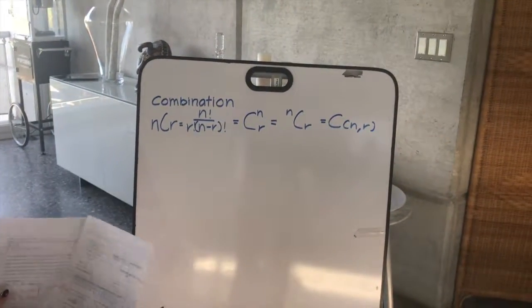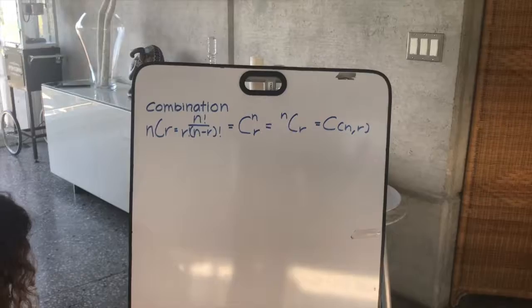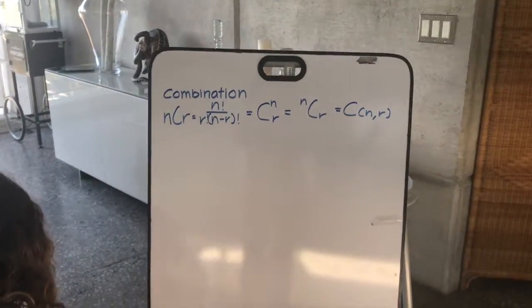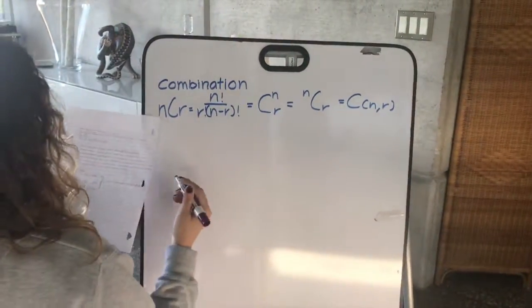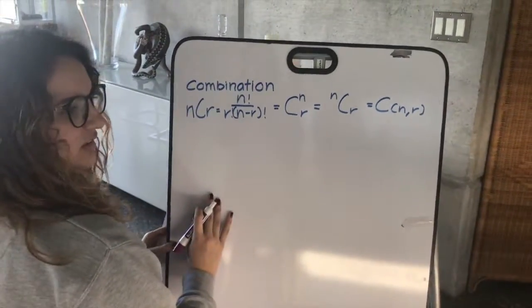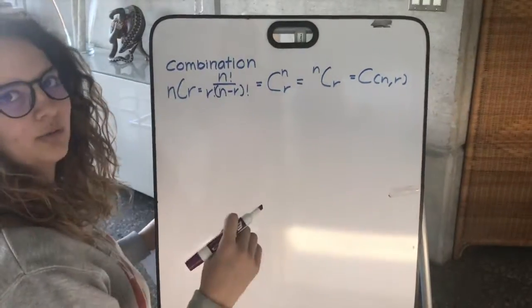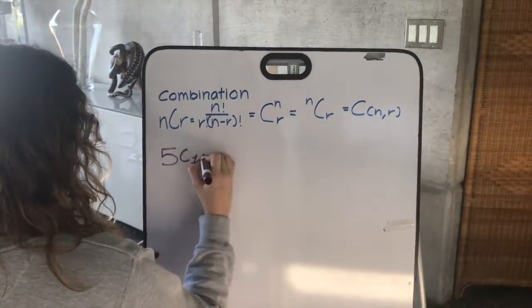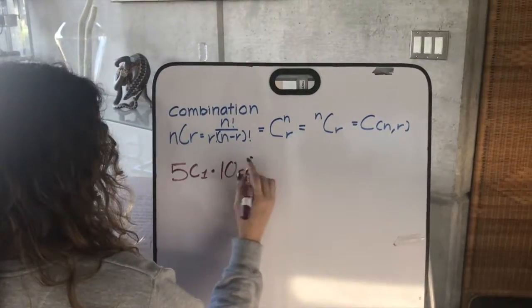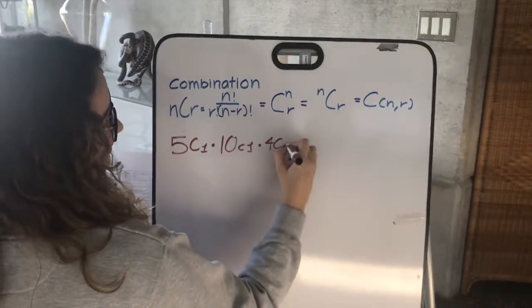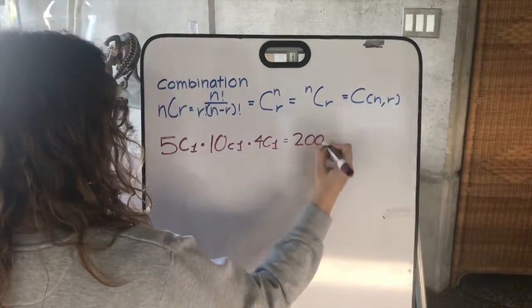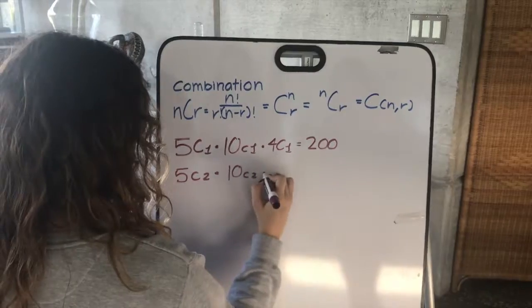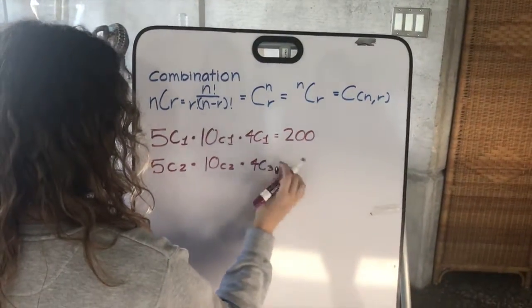In this problem, we are trying to find all the choices available of how many different possible meals the restaurant offers for 1 course, 2 courses, or 3 different courses. For combinations, you can say the problem as n choose r. For example, in the first course, we will be choosing 5 choose 1 times 10 choose 1 times 4 choose 1.